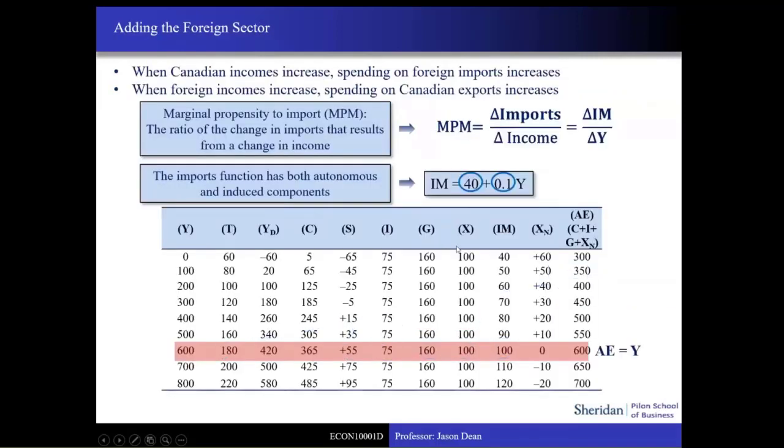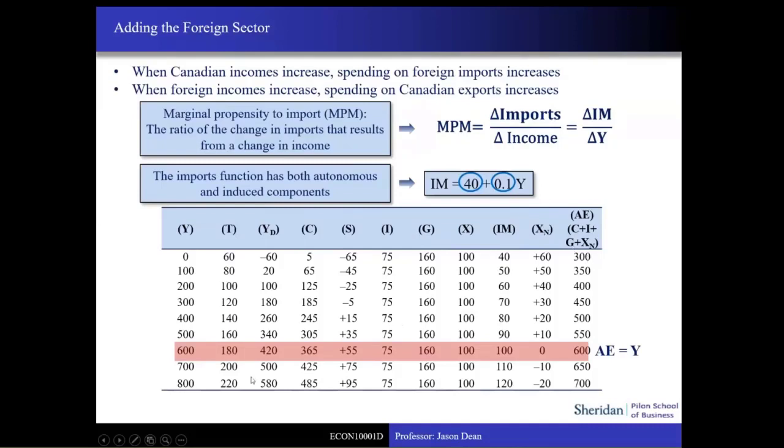Now we've added our exports and our imports, and our net exports is going to be exports minus imports. So now we have the full model. Aggregate expenditures is equal to C plus I plus G plus net exports. When we add all those up, C plus I plus G plus X minus M, or we can just add this instead of taking X minus M, the same thing, here is our aggregate expenditures.